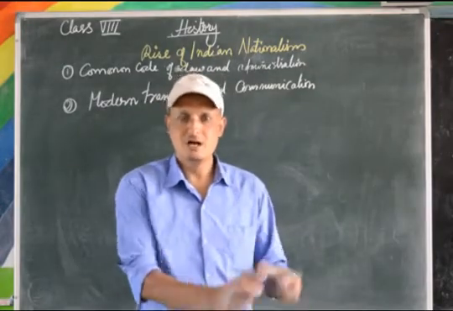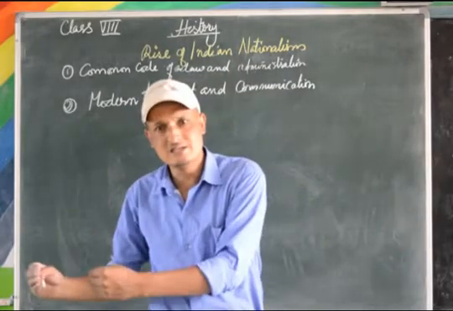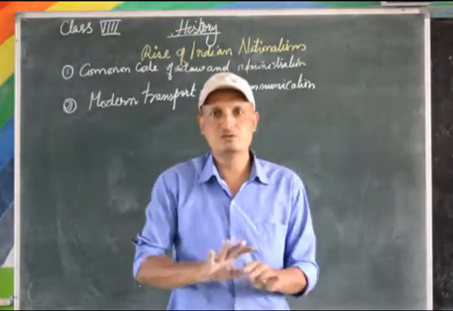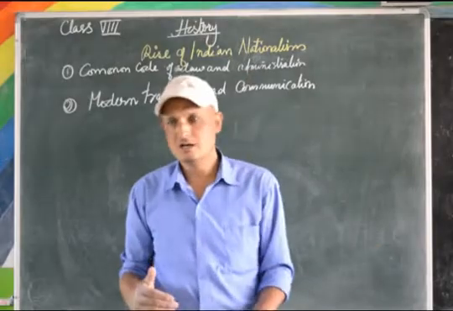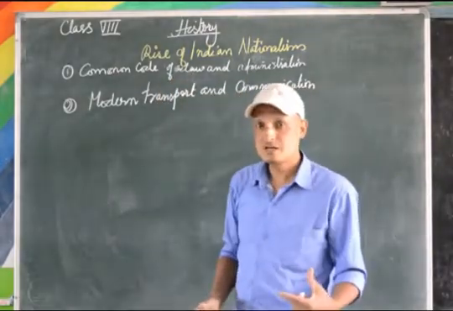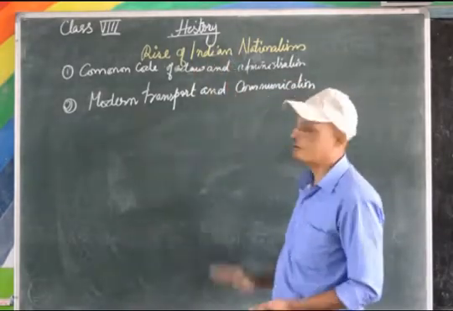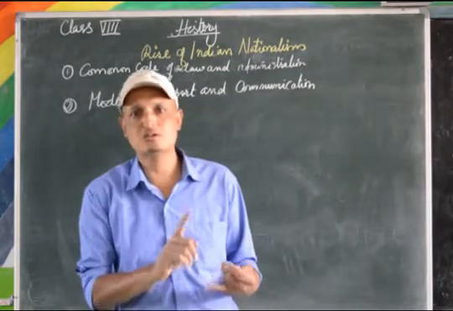Now a person from one region can go to another region easily, so interstate boundaries were unlocked. They could travel from one place to another. The use of modern transport and communication helped in giving birth to the spirit of nationalism.